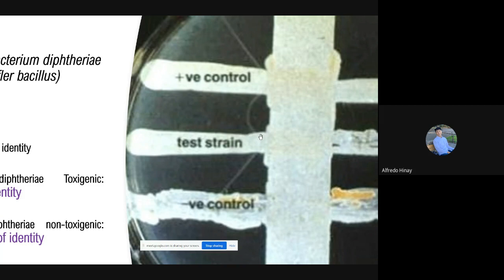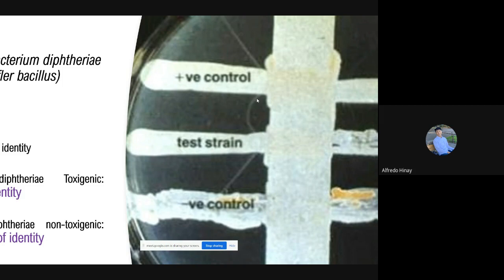So, you will have a pattern of identity kasi yung positive control mo at saka test strain, nagkaroon siya ng curve. Okay? So, ibig sabihin, class, identical. Kung ang positive control natin is toxigenic Corynebacterium diphtheriae, then the test strain is a possible toxigenic Corynebacterium diphtheriae. Bakit? Nagkakaroon sila ng pattern of identity.